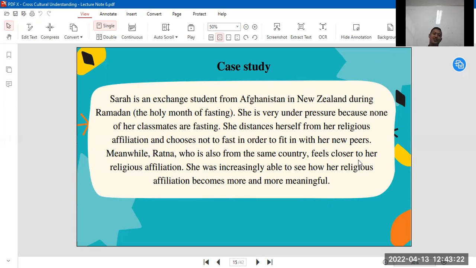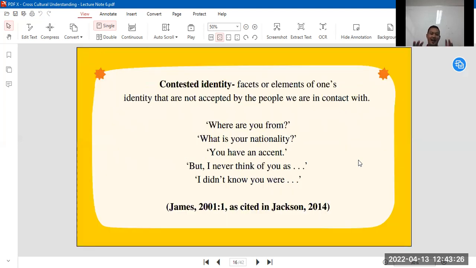Of course, it is because our identity is contested. Our original identity is challenged. And here, Sarah and also Ratna might experience the challenge, the contest.